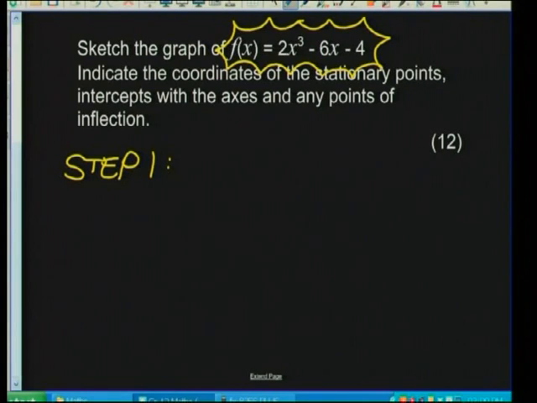What we are able to see from here is that the a value in front of our x cubed is positive. Because that's positive, I know that my cubic graph is going to be a positive shape. We're putting that there so that at the end, once we've sketched this graph, we can go back and say, yes, it's the correct shape. So step 1, we're establishing our shape.